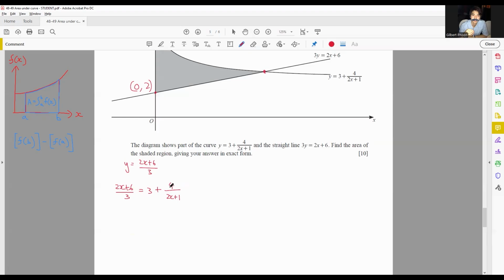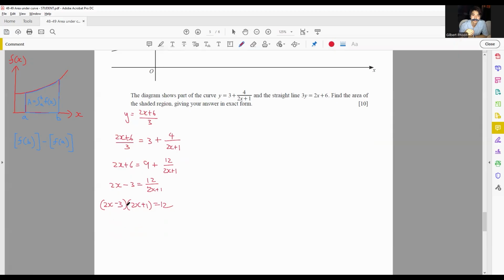Simplifying this, the 3 brought over, you have 2x + 6 equals 3 times 3, 9, 3 times 4, plus 12/(2x + 1). Bring the 9 over, you have 2x - 3 equals 12/(2x + 1). Bring the fraction over, you have (2x - 3)(2x + 1) equals 12.